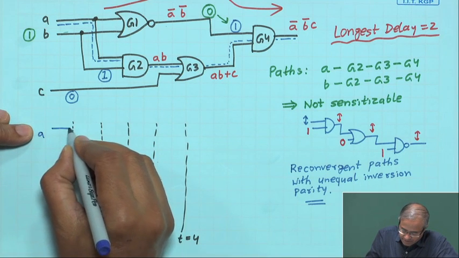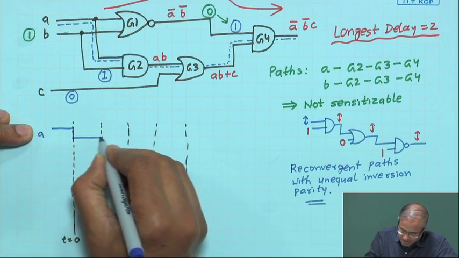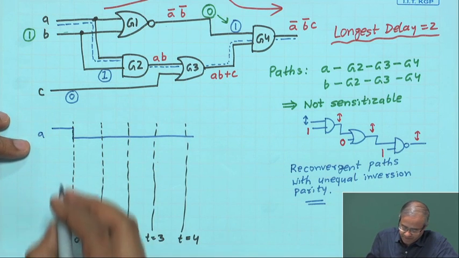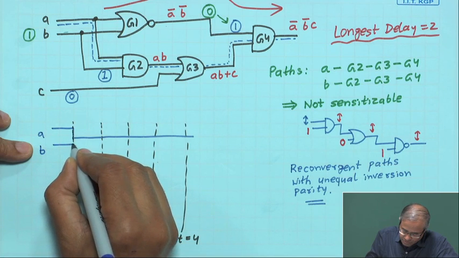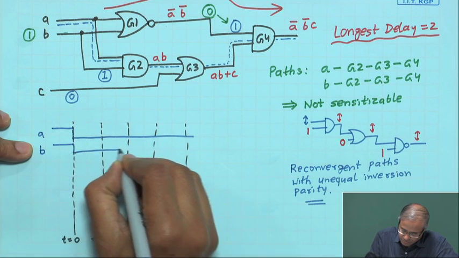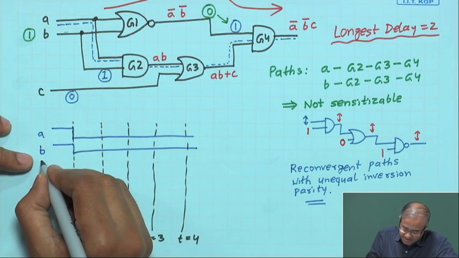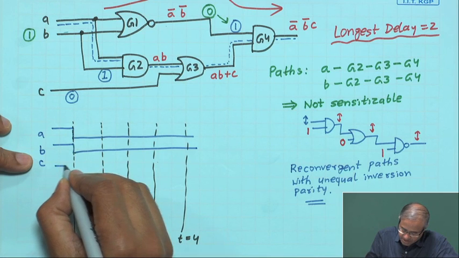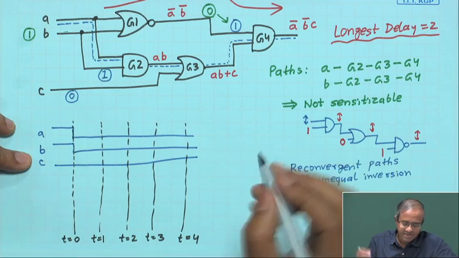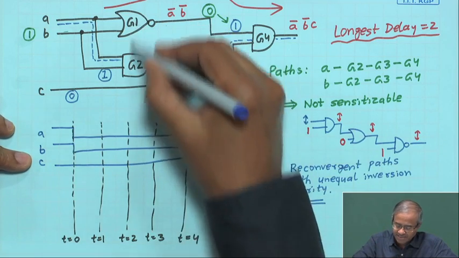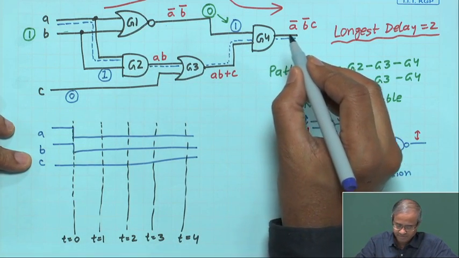So, let us say that the A input is like this, B is the same, B is also making a 1 to 0 transition at time t equal to 0. C is always 0, let us say C is constant 0. Now, let us just assume that the gate delays are all 1.